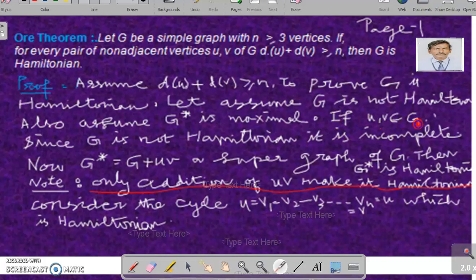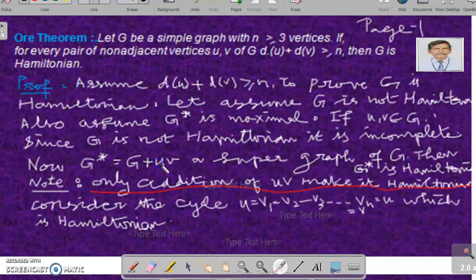Okay, suppose u and v belong to G. Since G is not Hamiltonian by our assumption, it is incomplete. Now G star I am taking as G with the edge UV added. I am getting a new graph.